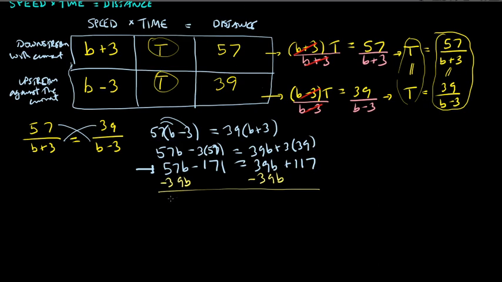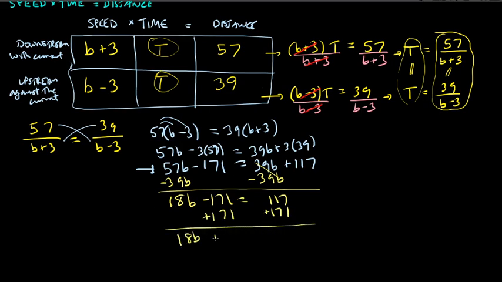So 18 times b minus 171 is equal to 0b plus 117. Now we want to bring the negative 171 over, so we add 171 to both sides. On the left, we're left with 18 times b plus 0, equals 117 plus 171.